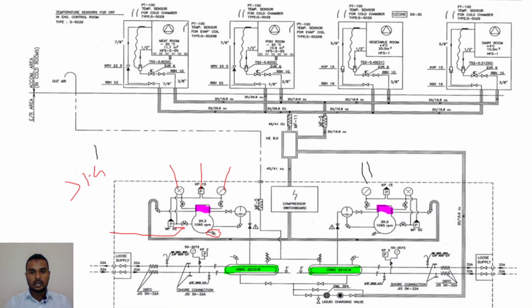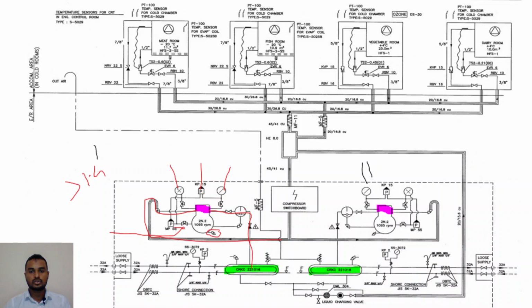So the compressor gets suction from the evaporator line, that means from the evaporator. Then it compresses the refrigerant. After that it discharges the refrigerant through the discharge line, and it goes through the oil separator. So why is this oil separator used?